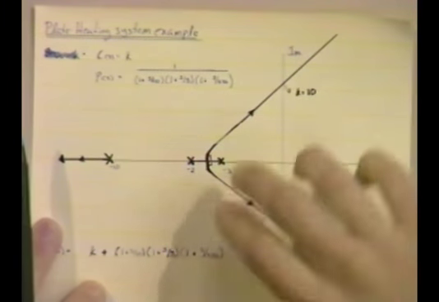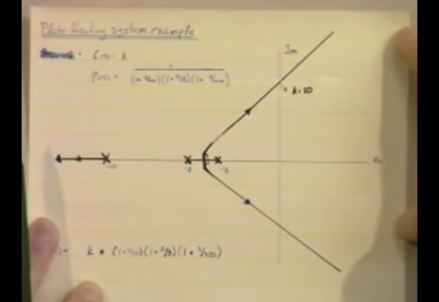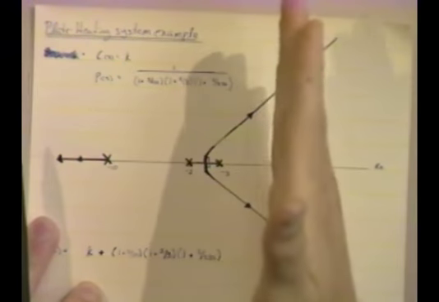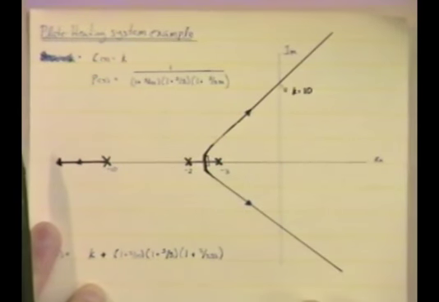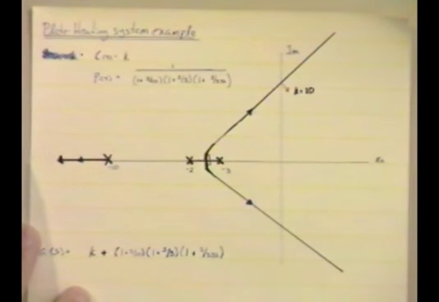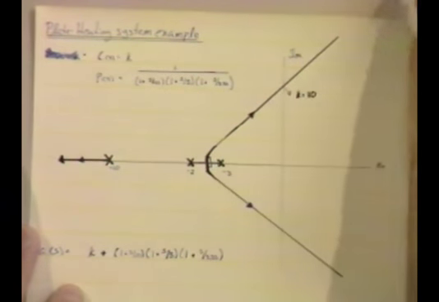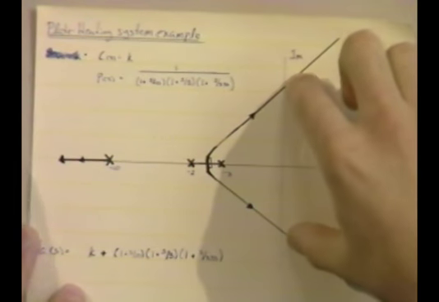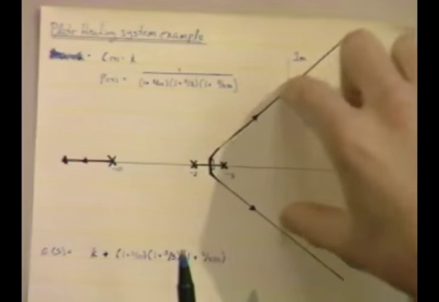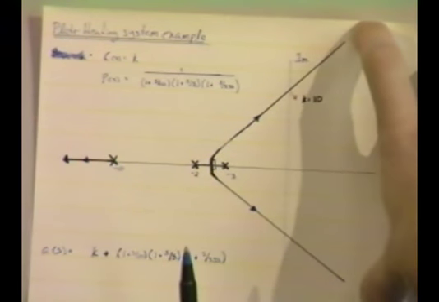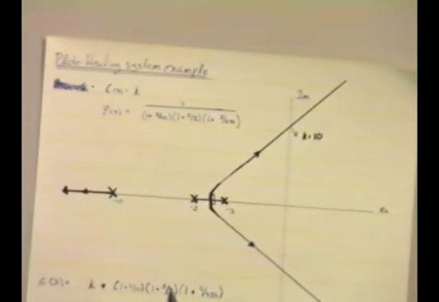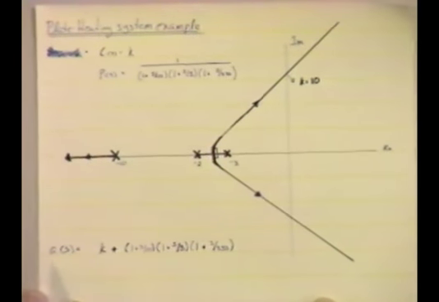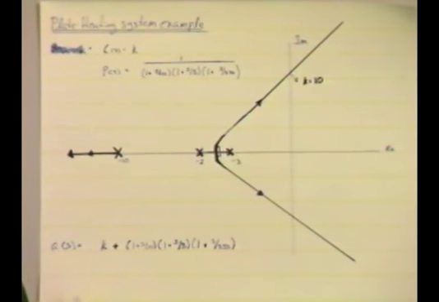And sure enough, as you increase the gain, look, they move towards the right-hand plane. And they cross the imaginary line exactly at k equals 10. So for k greater than 10, these complex poles will be right in the right-hand plane, you've gone unstable. And so it's obvious that you're in trouble.